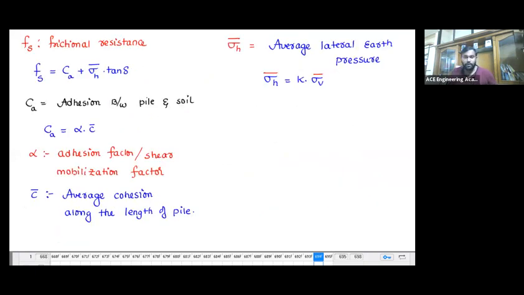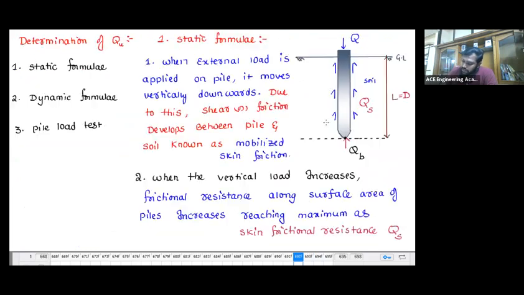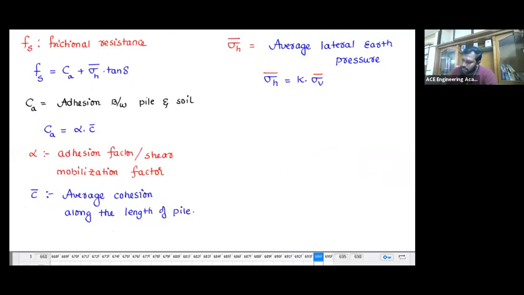Now you see here, sigma h is nothing but lateral earth pressure. But as I'm discussing along the length, I have to take the total length, so I have to take an average value. Sigma h bar is the average lateral earth pressure.